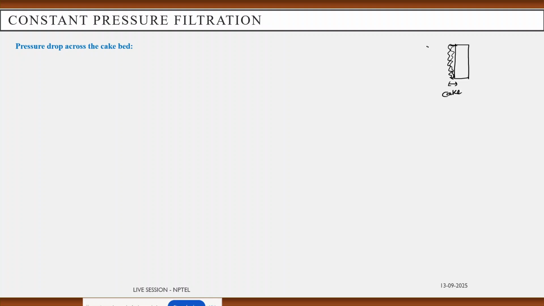The feed slurry is entering in this way at a pressure P1, and the filtrate is passing through this way at a pressure P2, and the in-between pressure is P dash.